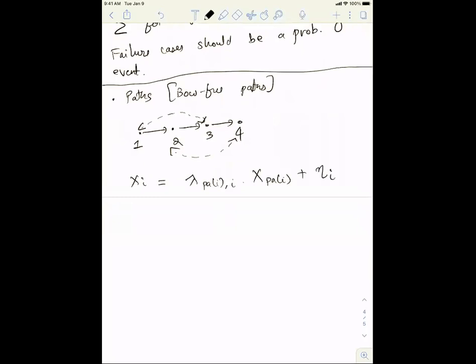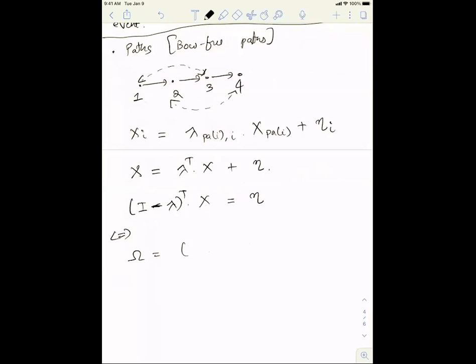You can group up all these equations and write this in matrix notation: x equals lambda transpose x plus the vector eta. If you rearrange this, you get (I minus lambda transpose) x is eta. This is equivalent to omega equals (I minus lambda transpose) sigma (I minus lambda).